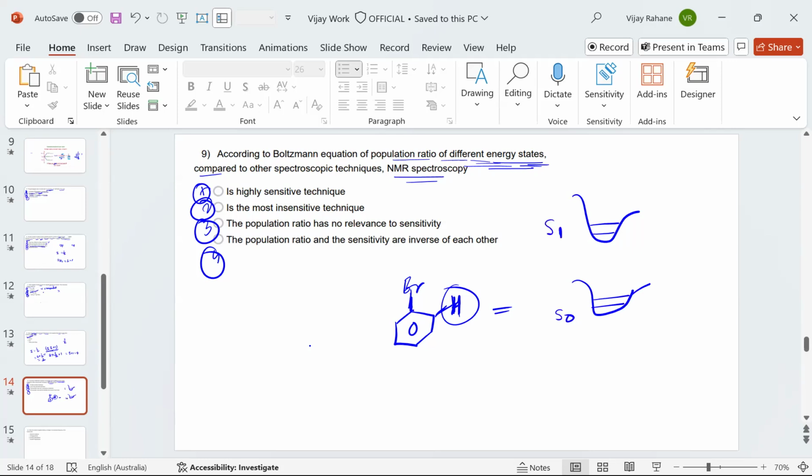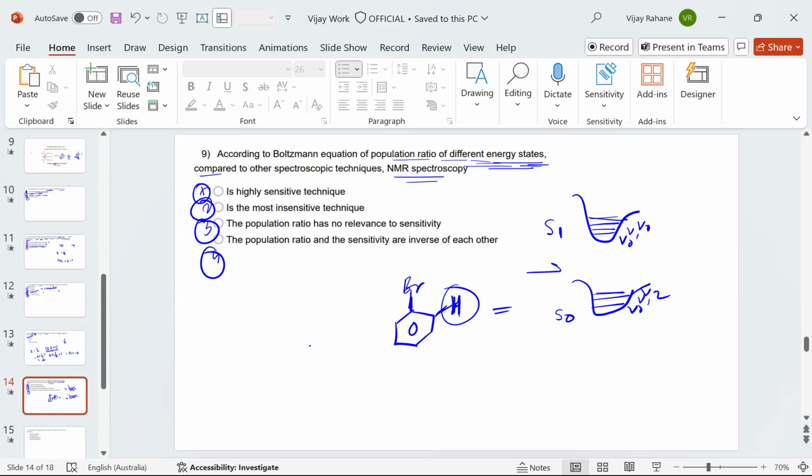In the excited state, it will be S1. These are the different energy states present in an organic molecule, and in between are V0, V1, V2, and here also V0, V1, V2. So multiple energy states are possible, but by NMR spectroscopy we cannot get any information regarding the population in each energy state.